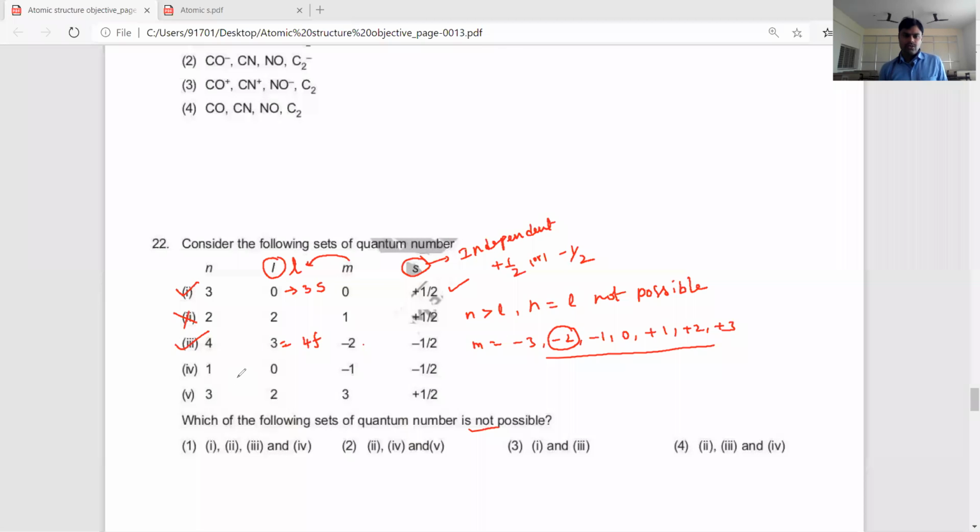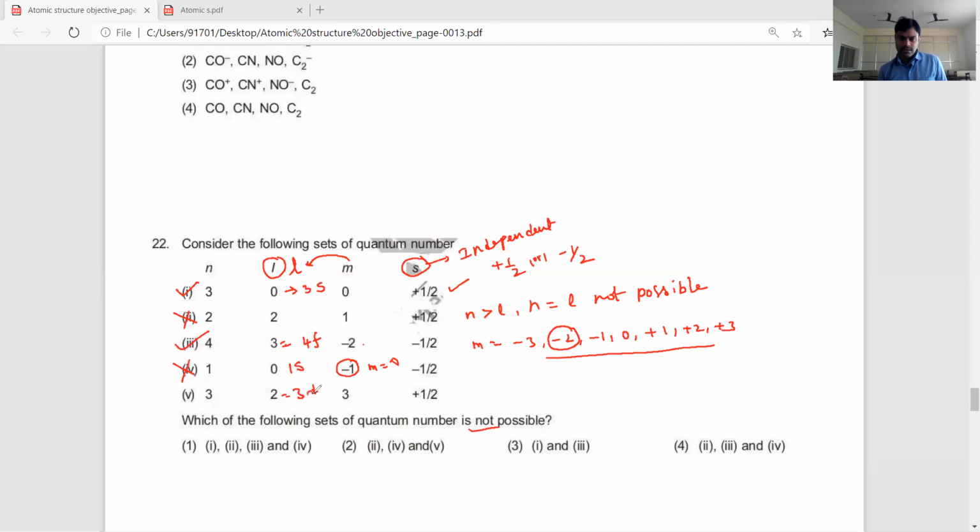Let's see the fourth one. n is equal to 1, L is equal to 0 means that is 1s, a 1s orbital, m should be 0. m is equal to 0 but not -1. That's why the fourth one is not possible. Next, the fifth one. n is equal to 3, L is equal to 2 means that is 3d.